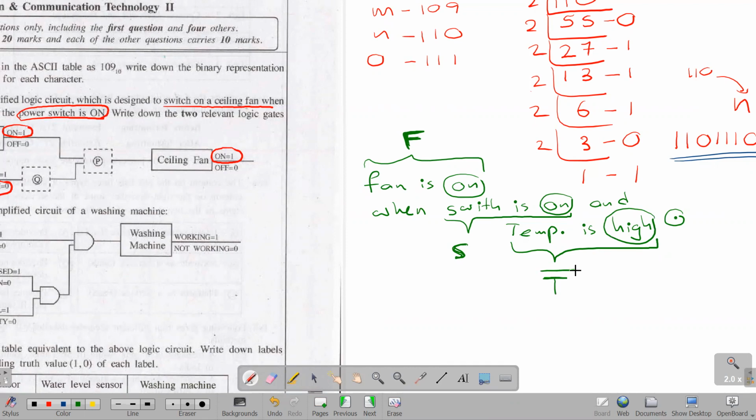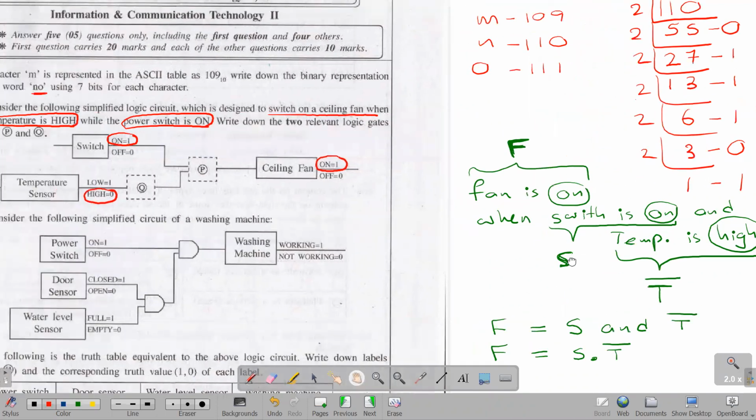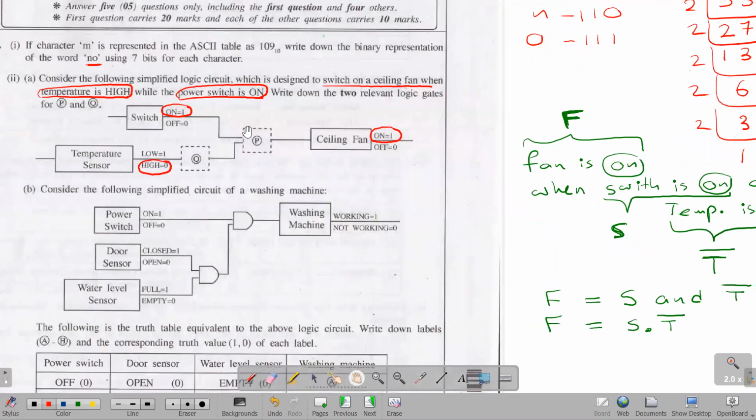Right? So I can simply say F equals, so the fan on equals switch is on and temperature is high. That gives me S dot T bar, right? So that means P is going to be what?